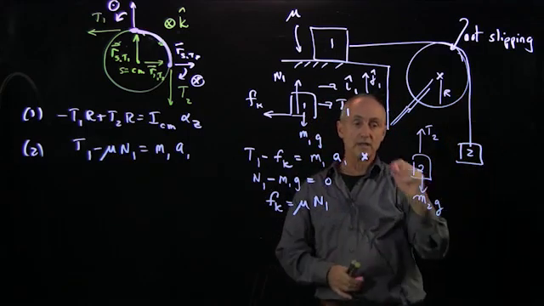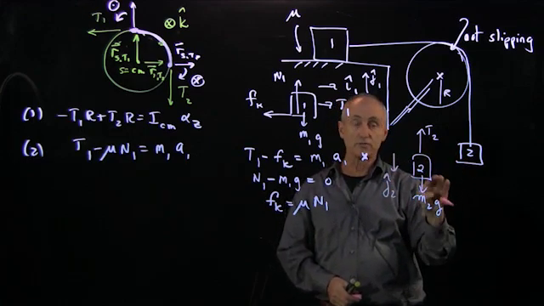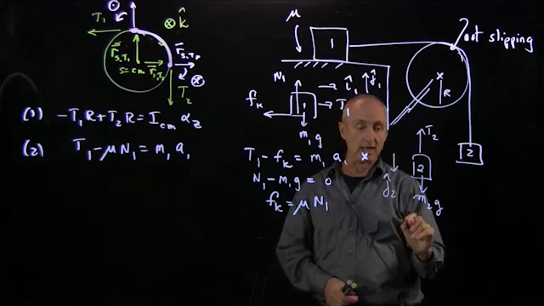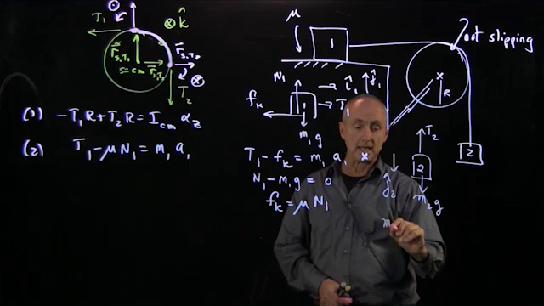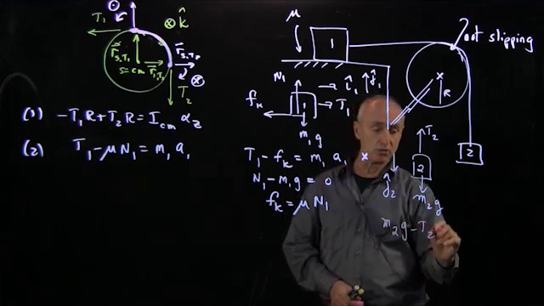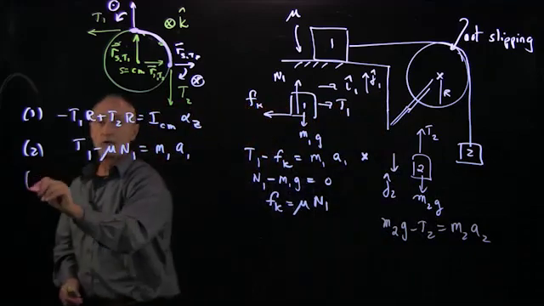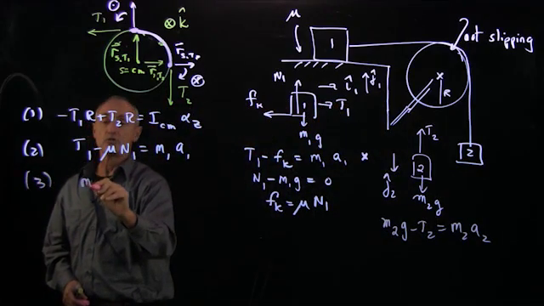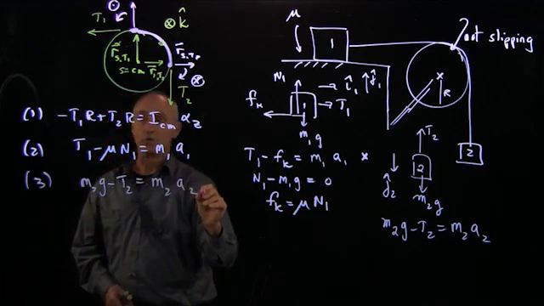Because object 2 is moving down, I would prefer to choose j hat 2 down. My acceleration for this object will be positive. And then when I apply F equals ma to object 2, I get M2 g minus T2 equals M2 A2. So that's now my third equation, that M2 g minus T2 equals M2 A2.